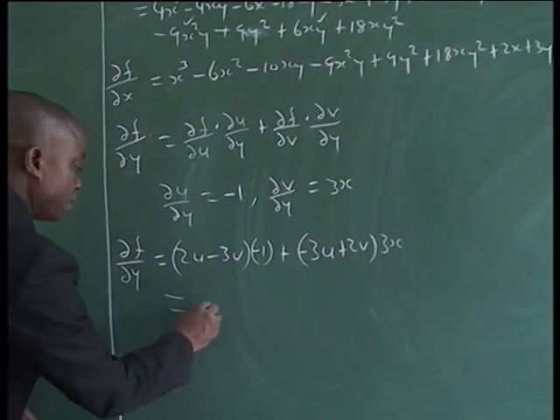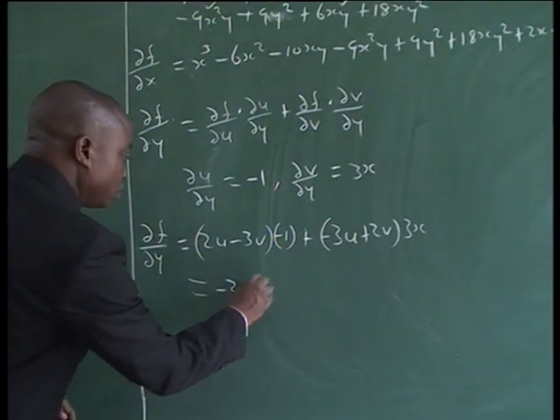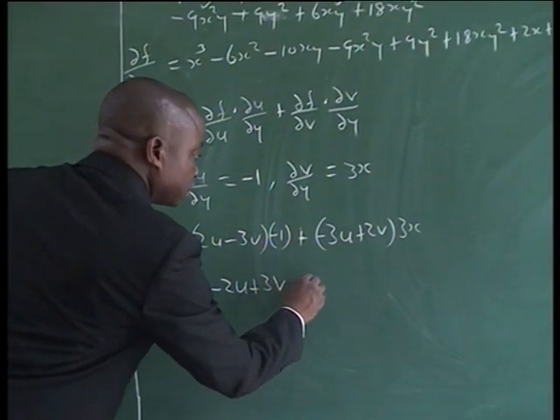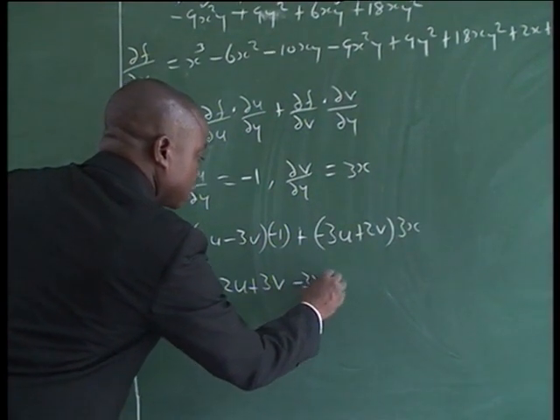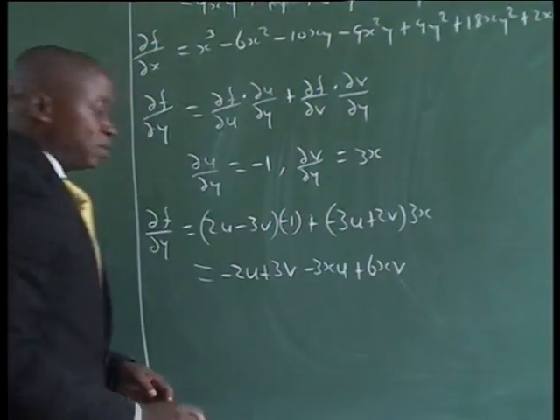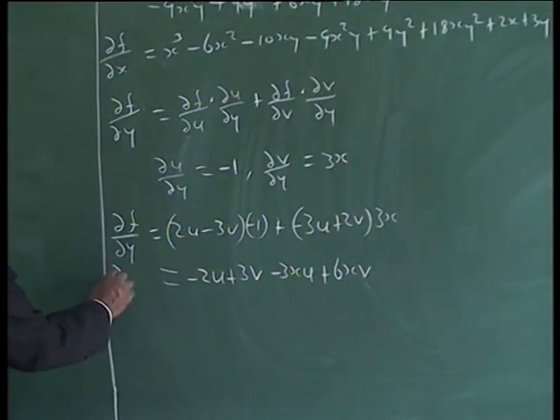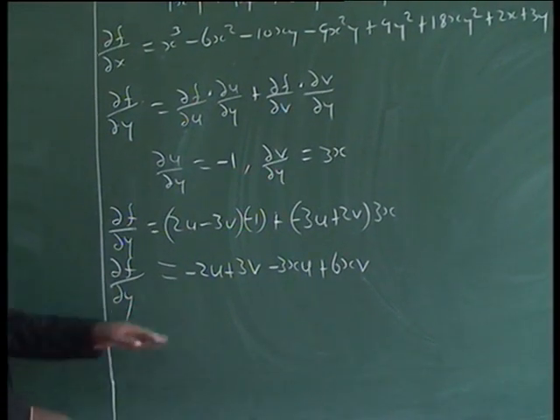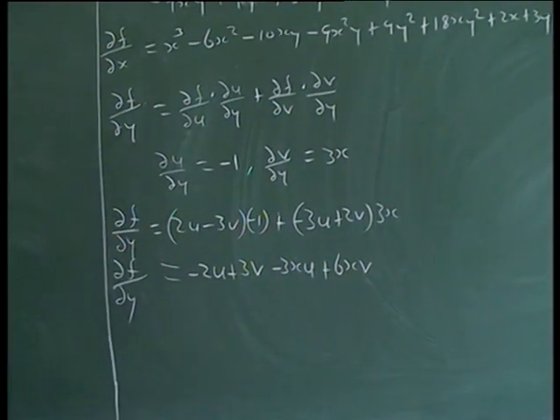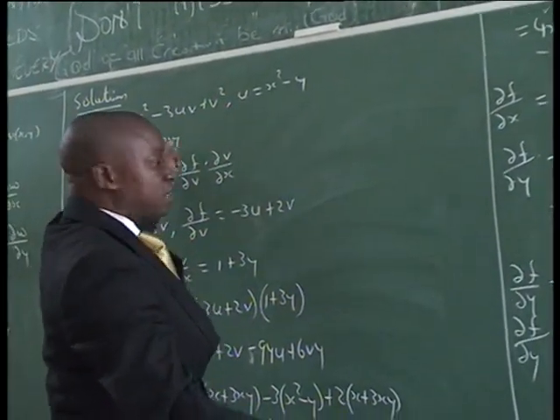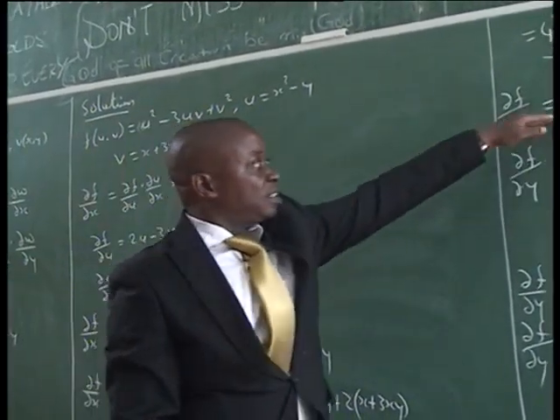Okay, so we have minus 2u plus 3v minus 3xu plus 6xv. So that is partial f, partial y. So if we substitute u is equal to x squared minus y, and then v is equal to x plus 3xy, we can also get it in this form.